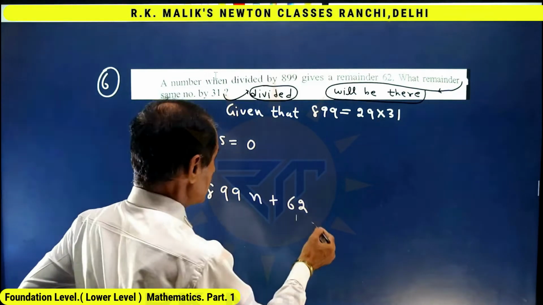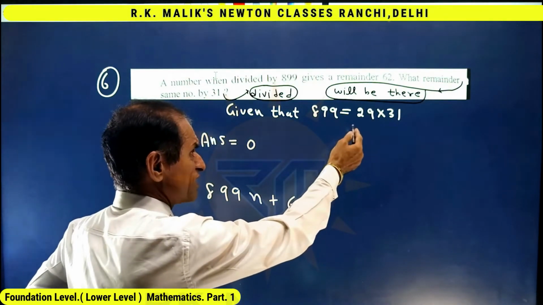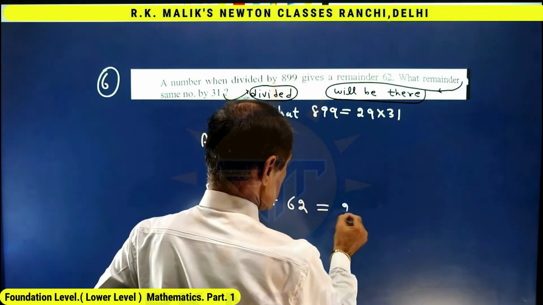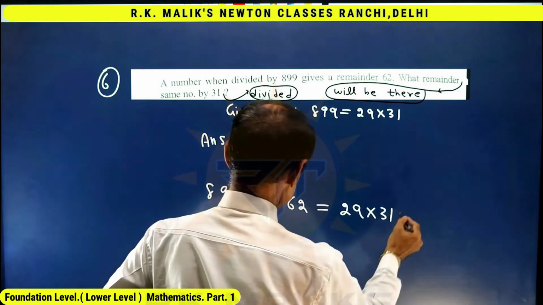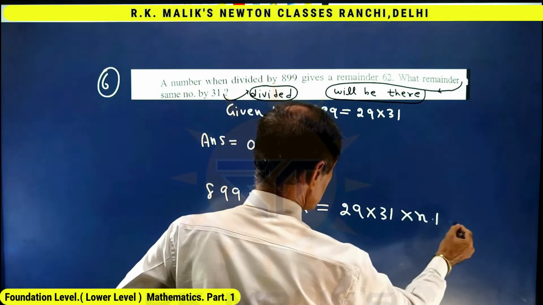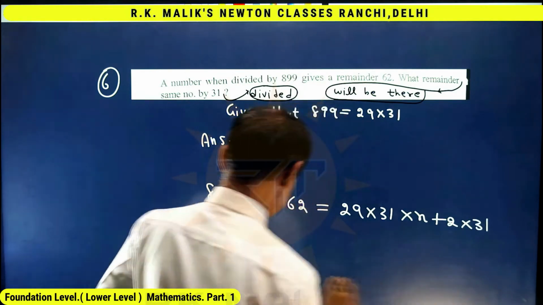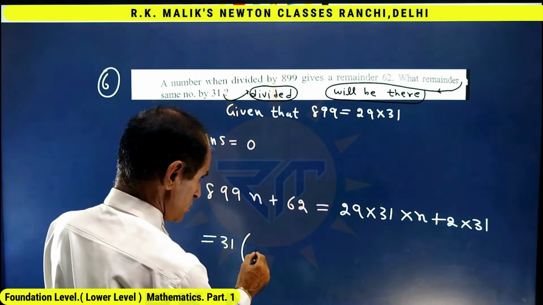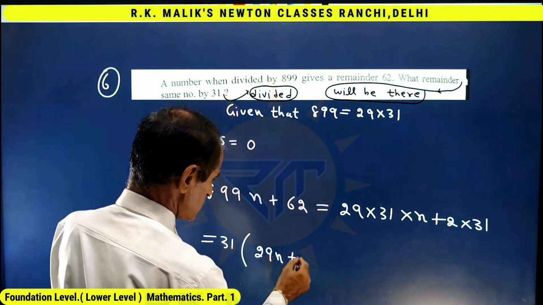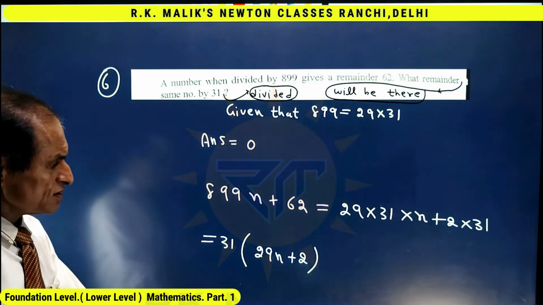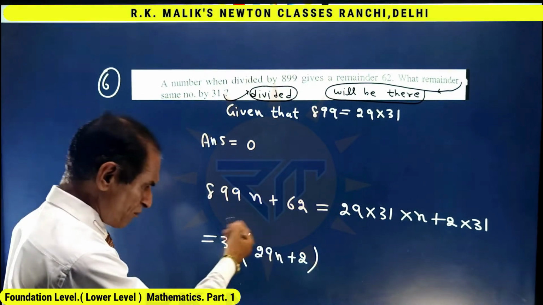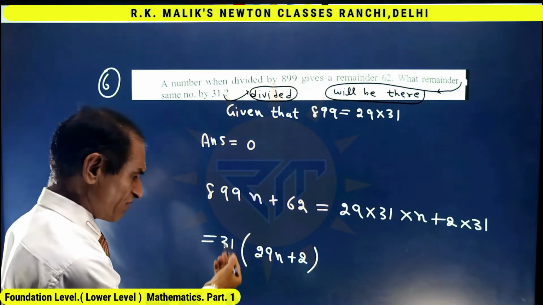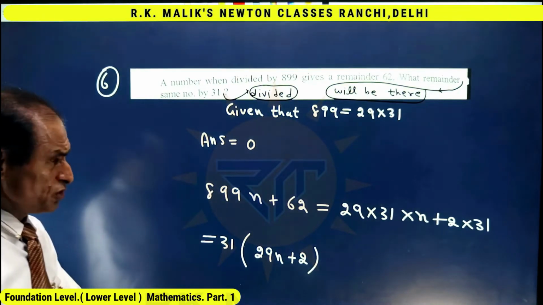And clearly, because it is given that 899 is 29 into 31, we can write it as 29 into 31 into n plus 2 into 31, that is 31 can be taken common, we will get 31 times (29n plus 2). Hence the number will be a multiple of 31. Hence I can say that when the number is divided by 31, remainder will be 0.